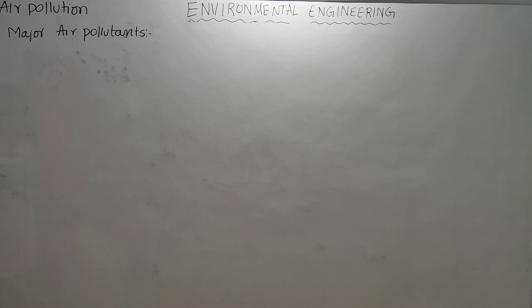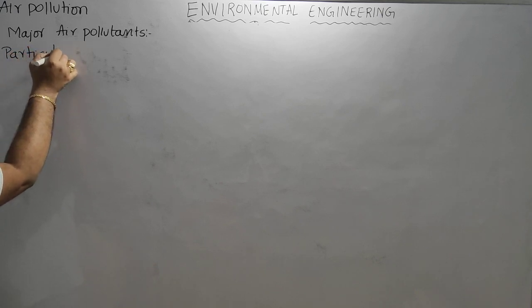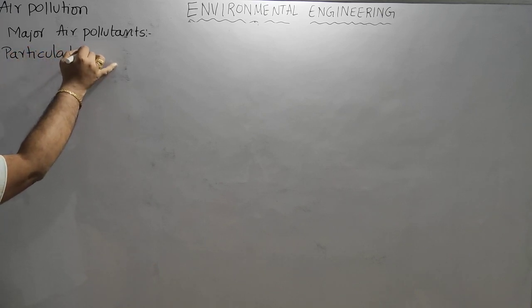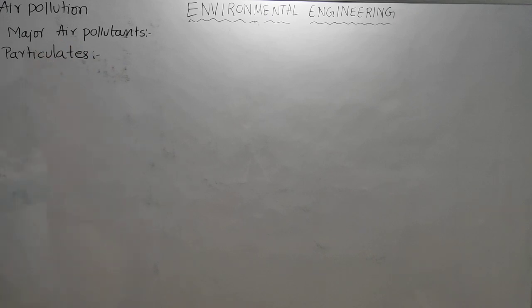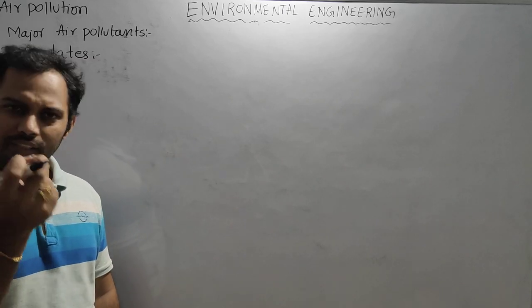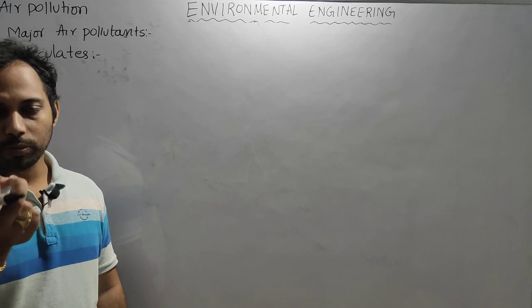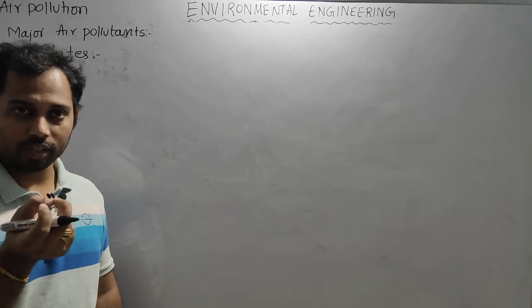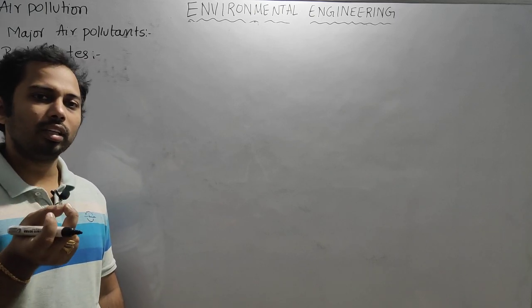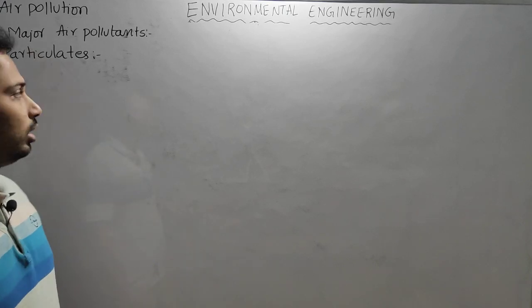The particulates are very, very important pollutants. These particulates are nothing but very small matter like dust. Every day we see the dust. Also small precipitates of water droplets. All these things are natural or anthropogenic particulates.